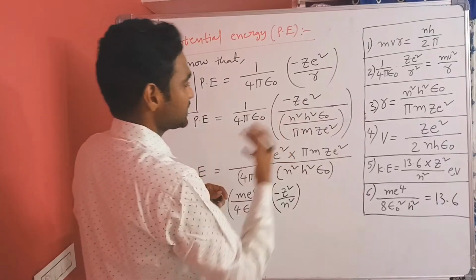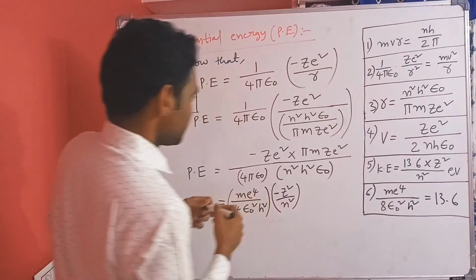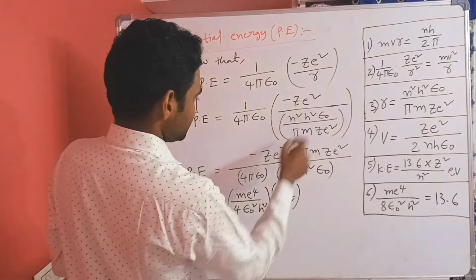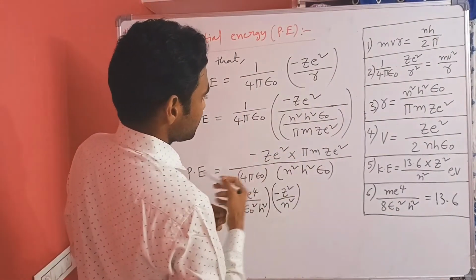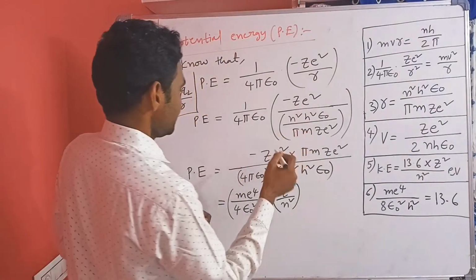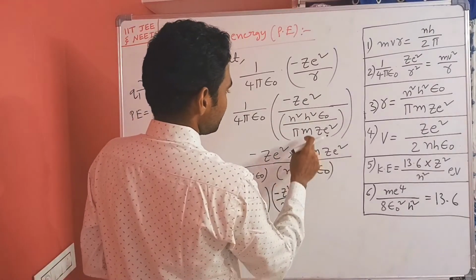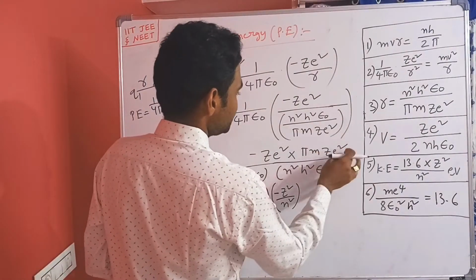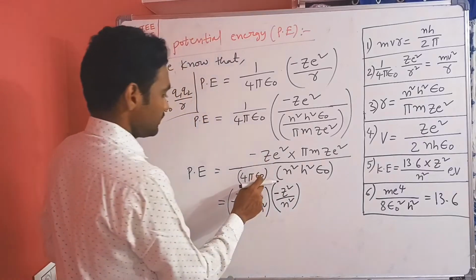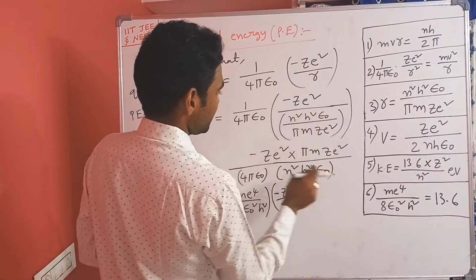Now here, which things can cancel out, see? What is the possibility? Maybe Z square. Okay, here what will cancel? Yes, see, here potential energy is equal to Z square into, this one will go upside, pi m Z square by 4 pi epsilon naught into n square h square epsilon naught.